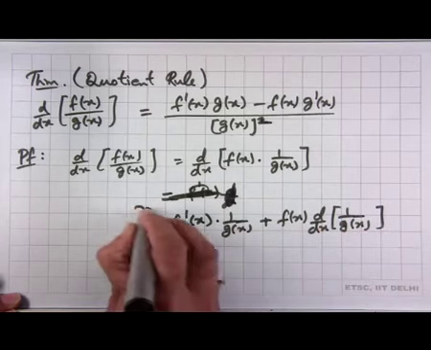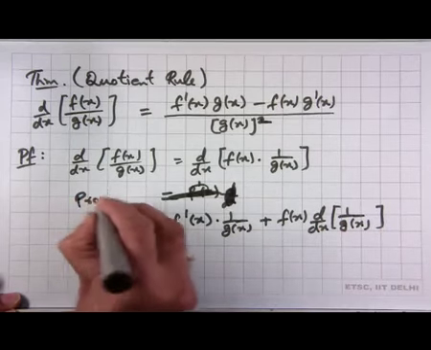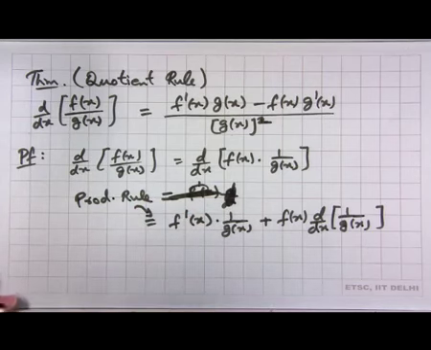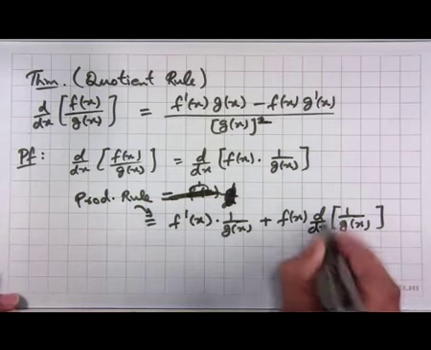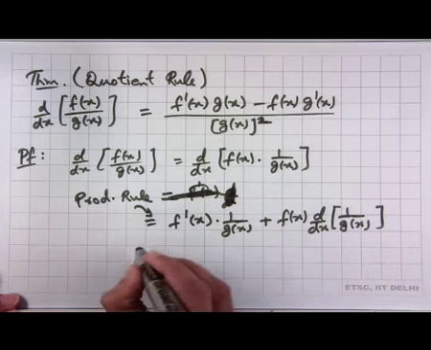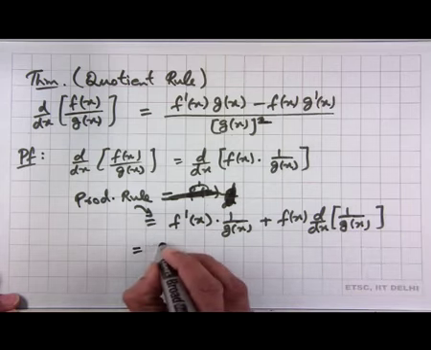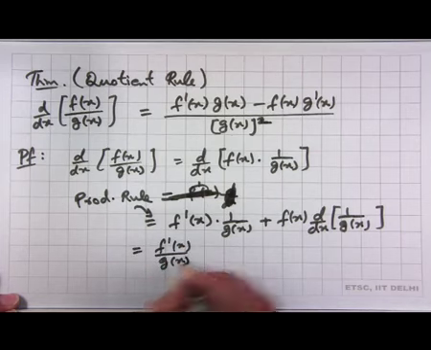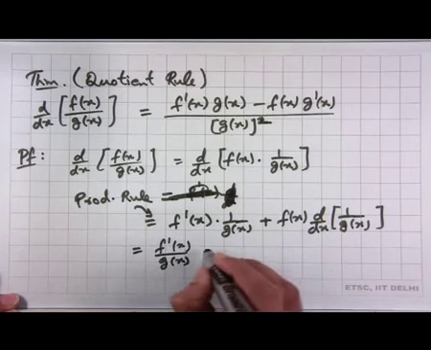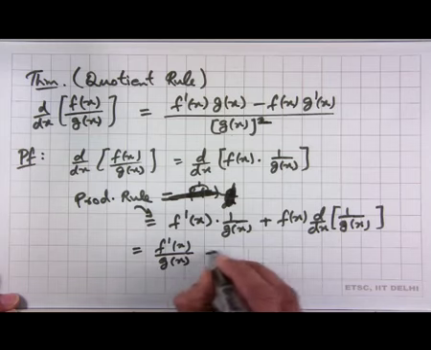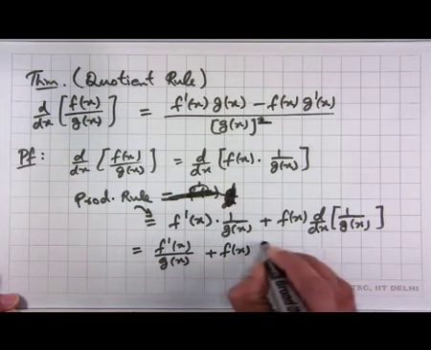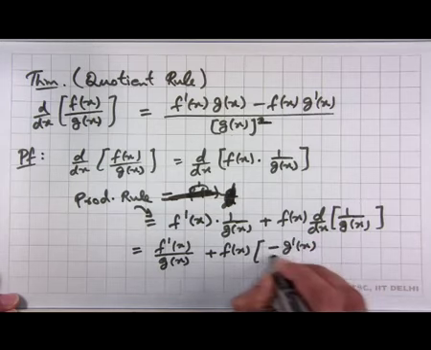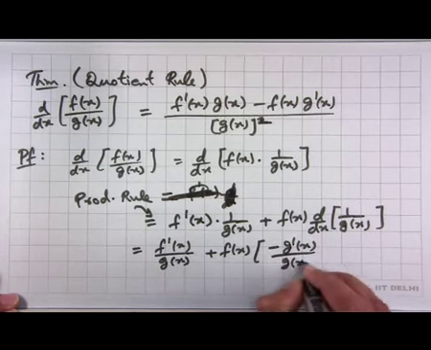This is by the product rule. And then we know what d by dx of 1 by g x is. So, this is equal to f prime x over g of x plus f x times the derivative, which is given by minus g prime x divided by g of x squared.